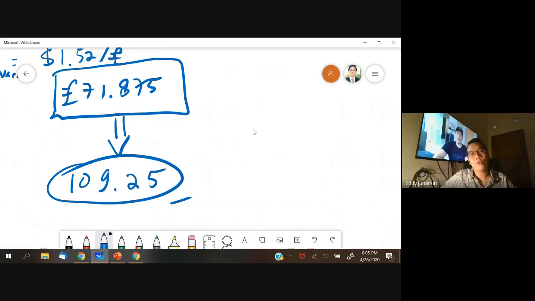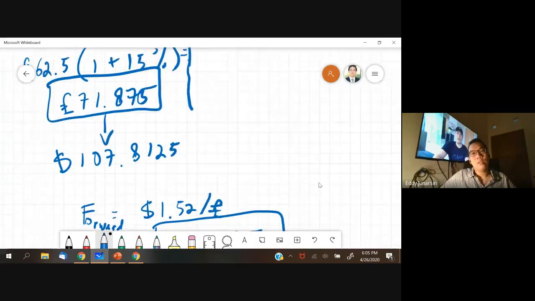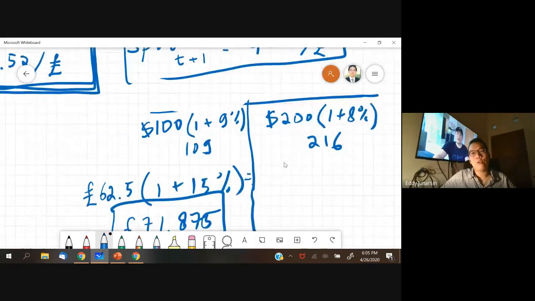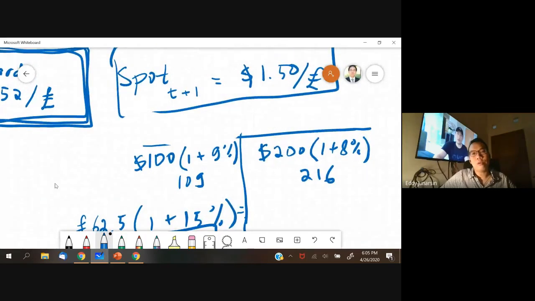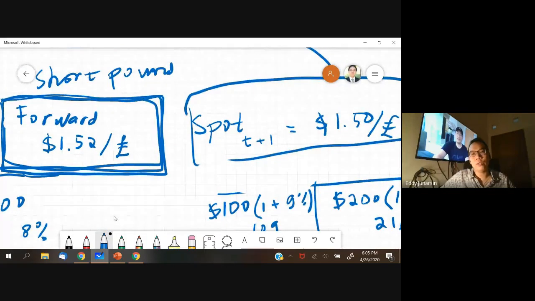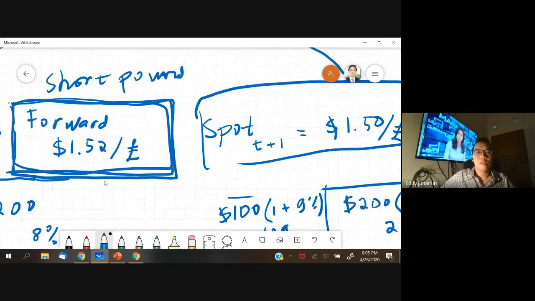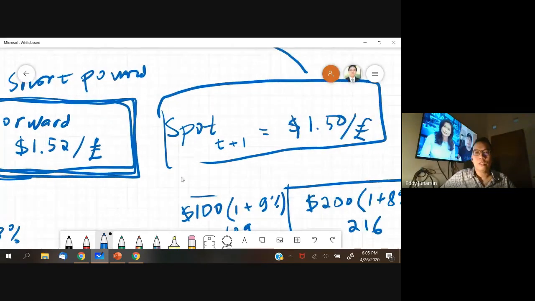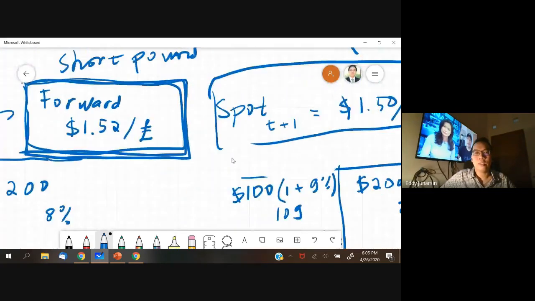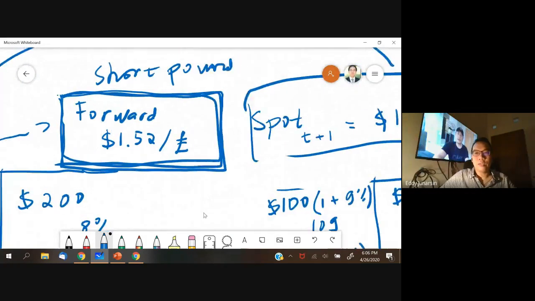So you could reduce your risk. Of course, it's not perfect because this is what you could do based on the spot position and the forward rate.